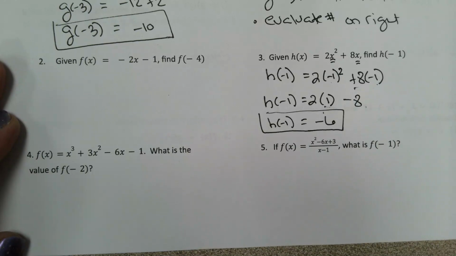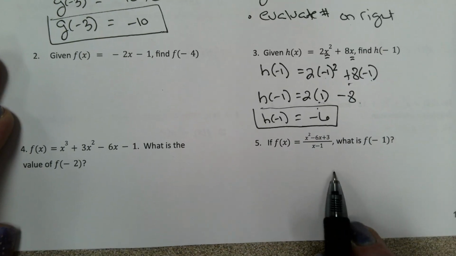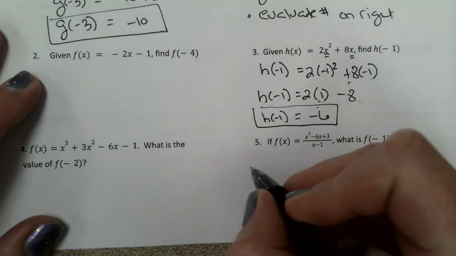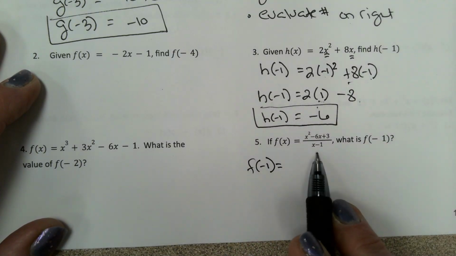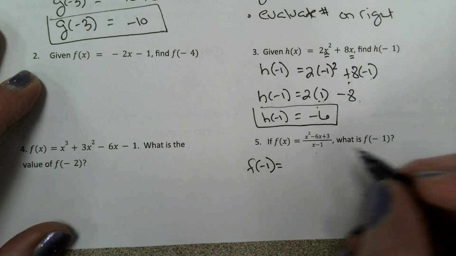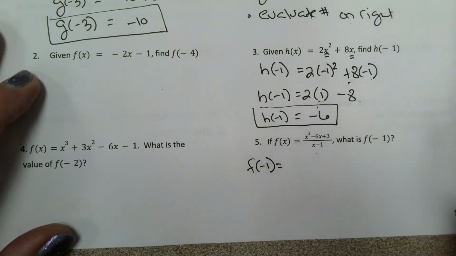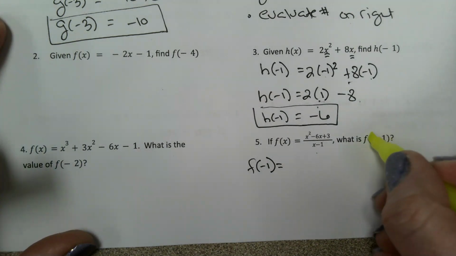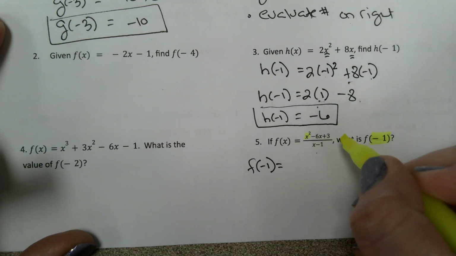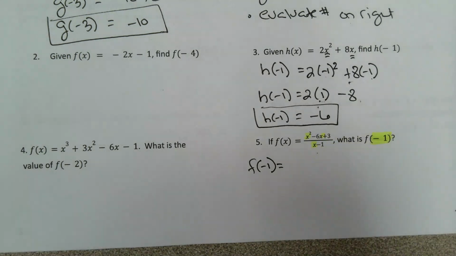Here we have a fraction. I'll keep doing number 5 now. So I want to find f of -1. Okay, so I have 3 places that I have to plug it in now. So every place I see an x, I'm about ready to plug in -1. So -1 is going in there, there, and there.